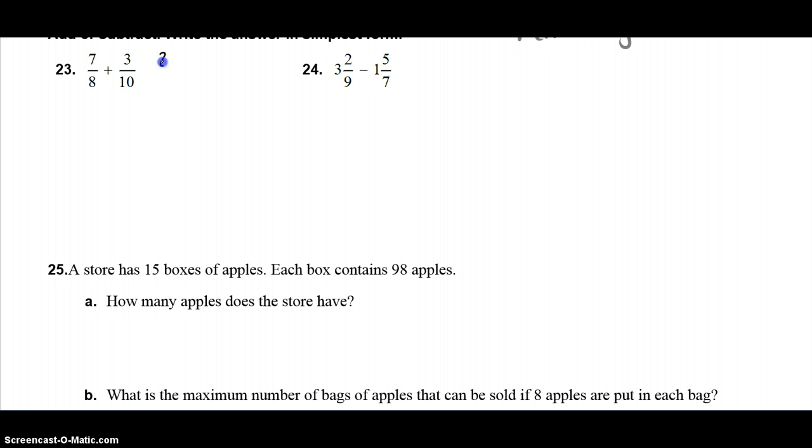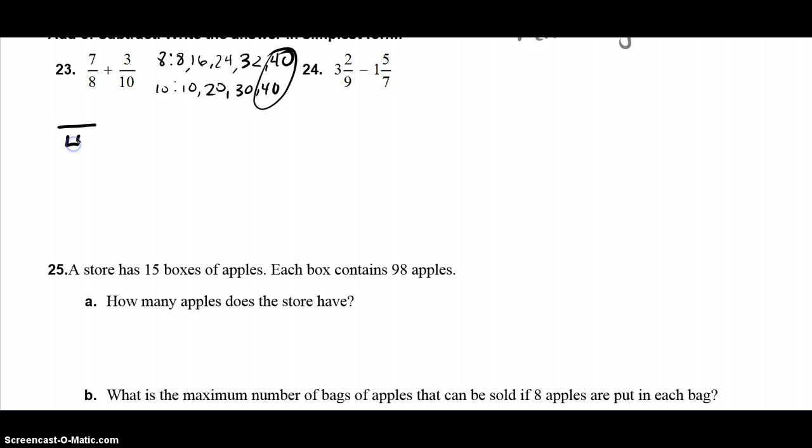Right down here. So I have 8, 16, 24, 32, 40. For 10, I have 10, 20, 30, and 40. So my LCD would be the LCM of my two denominators, the least common multiple of my two denominators. In this case, it is 40.